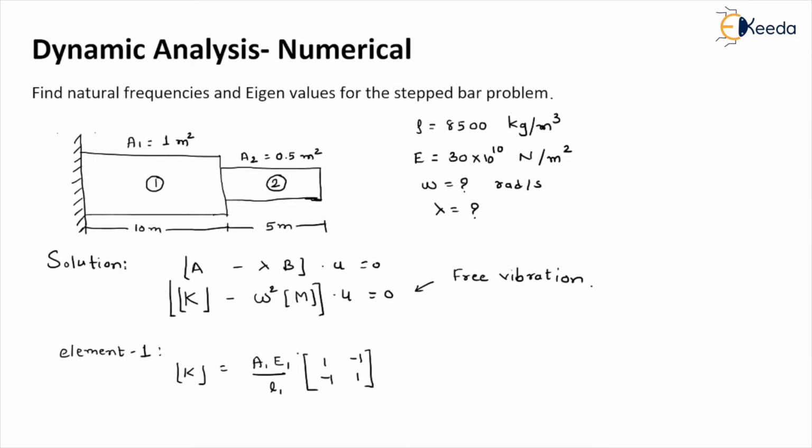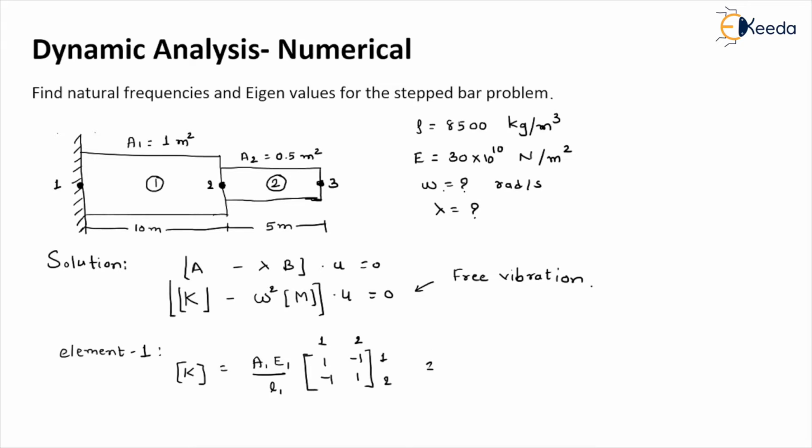This derivation we have already done in the previous videos, so we are directly taking the values. Element number 1 is for node number 1 and node number 2. There are a total of 3 nodes: node 1, 2 and 3. So element number 1 is in between node 1 and node 2, so we can write 1 2 1 2.